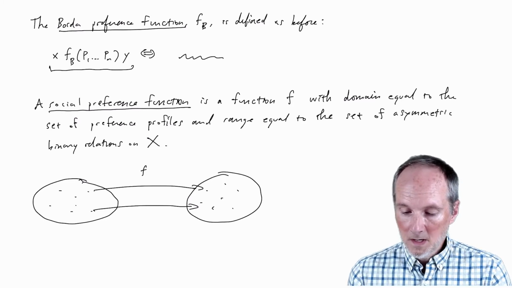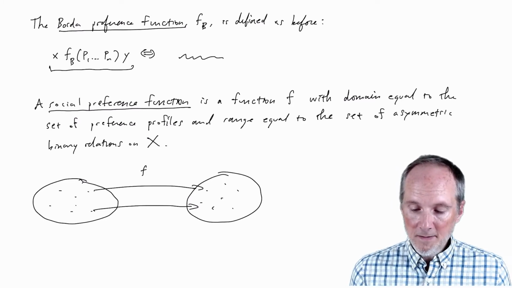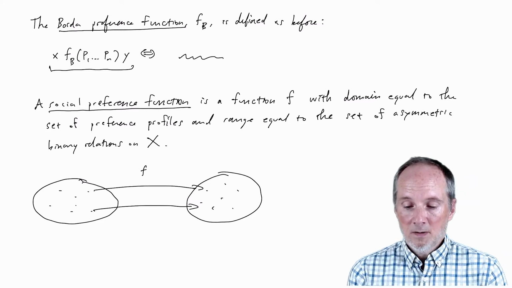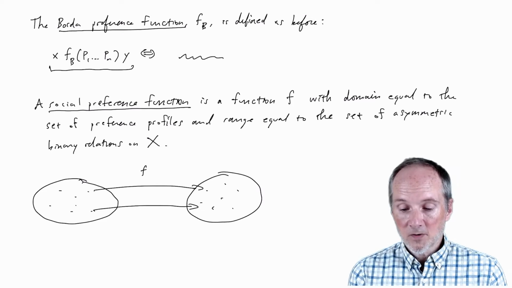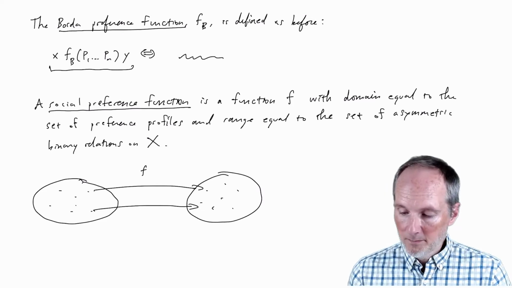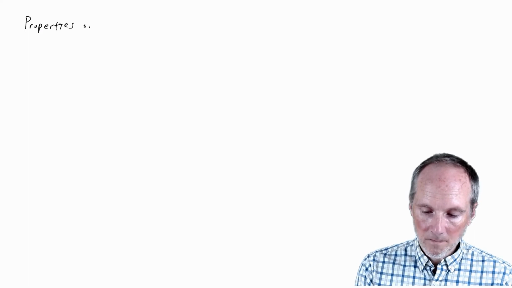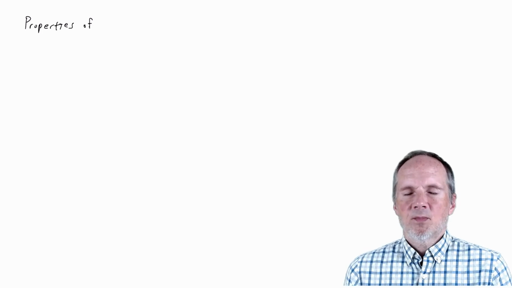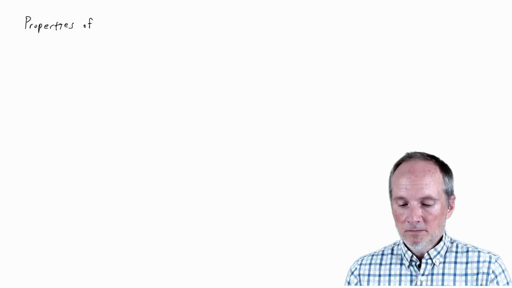Okay. Well, now we actually have the ability to go back and talk about properties of voting rules in a formal way. Okay. When we were talking about majority voting and Borda, we talked about a couple of these in an informal way. Right, so here we're talking about properties of voting rules in general.